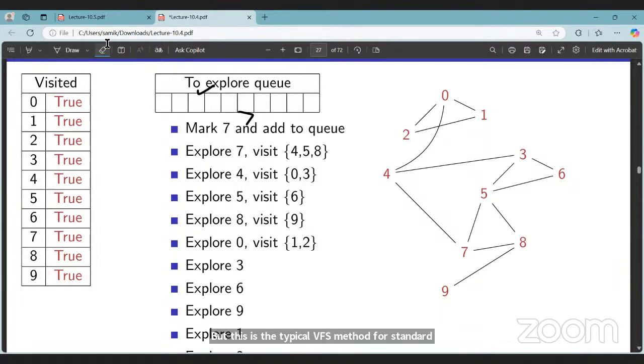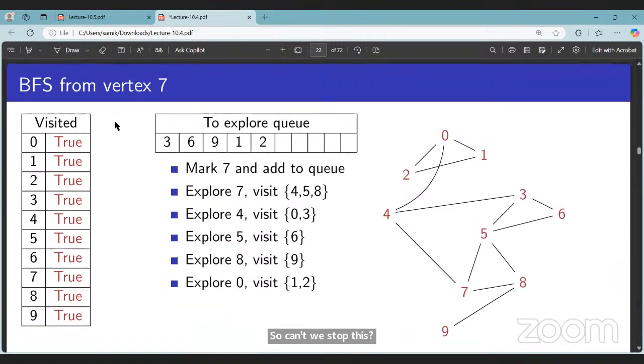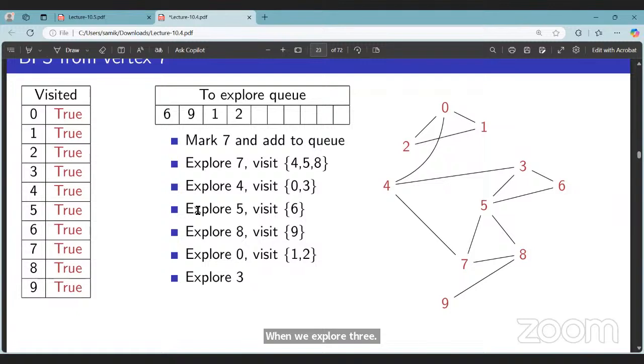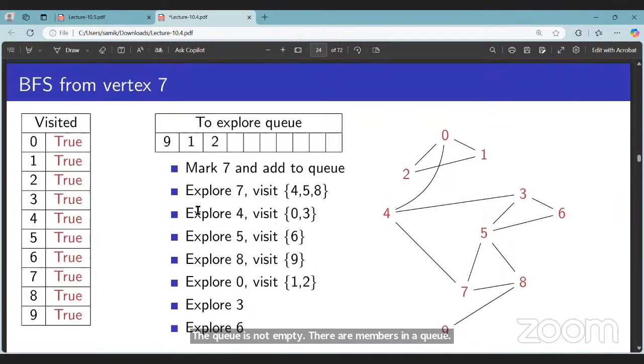Ma'am, when we explored 3, the queue was empty, so can't we stop? No. When we explored 3, the queue was not empty. There are members in the queue: 6, 9, 1, and 2. So we have to explore them.